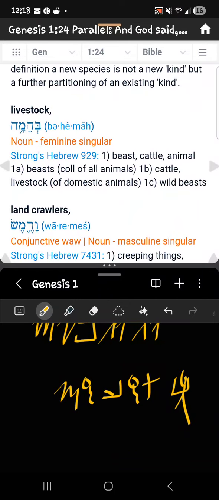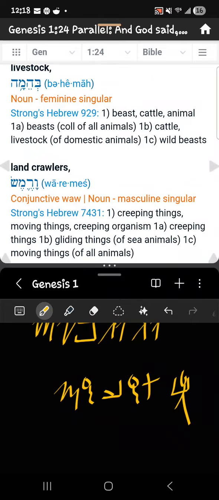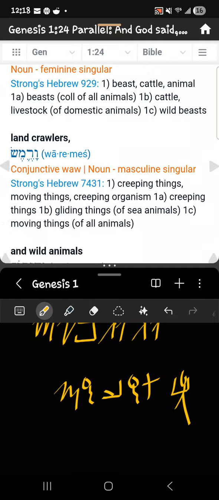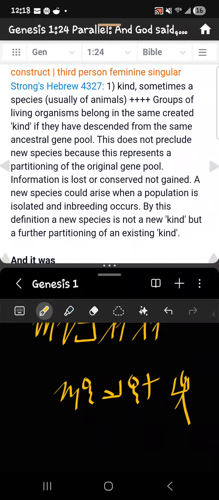Livestock, Behemah. And Remesh, worms, like worms. And wild animals, according to their kind.